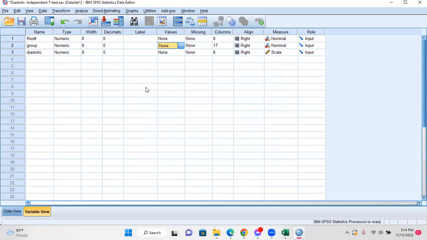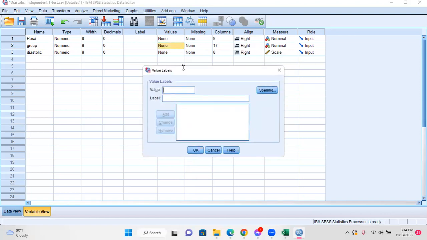Okay. Halimbawa, ganyan. So, paano tayo mag-label? Dito tayo sa values. So, sa group 1, Group A, sedentary. Add.